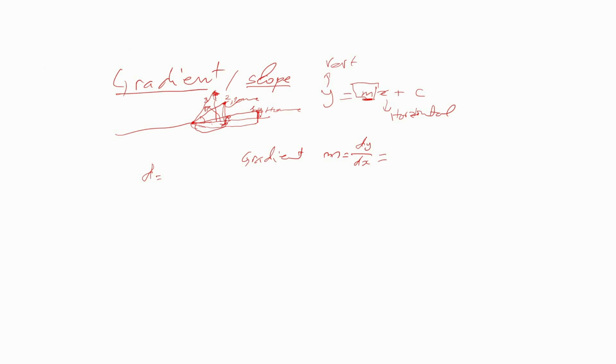Gradient will tell us how far a straight line is sloping up from the horizontal. We are measuring the vertical displacement compared to the horizontal displacement we are making.